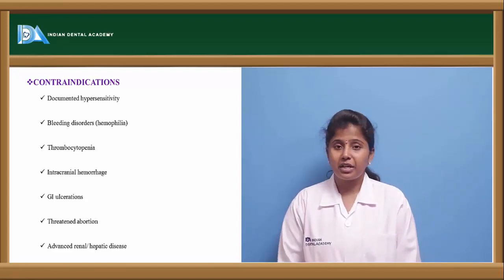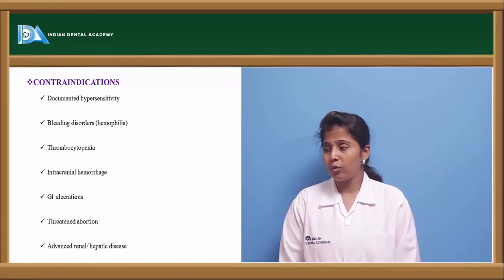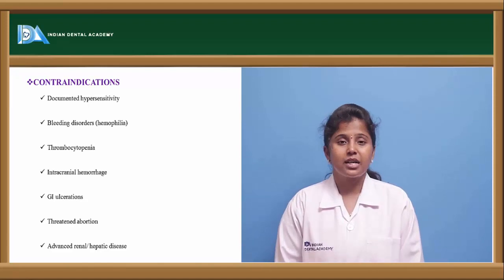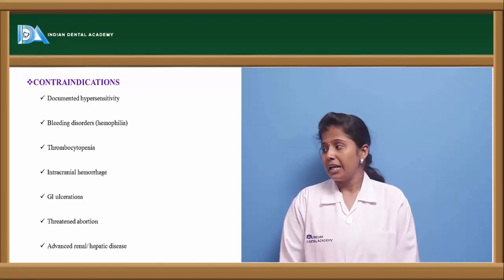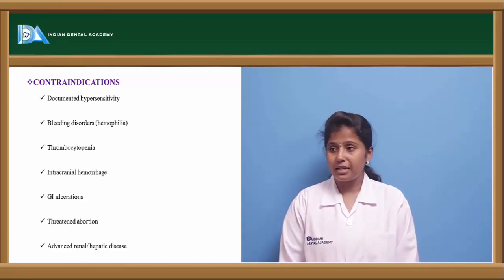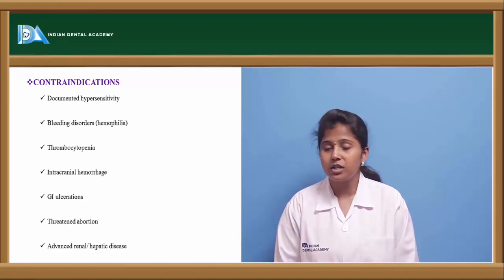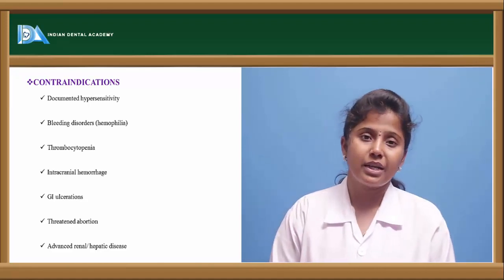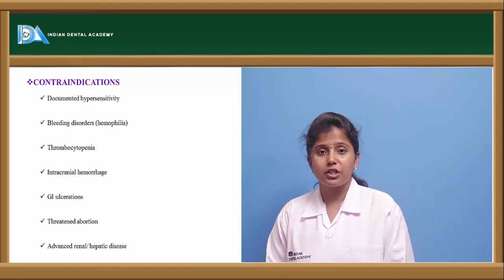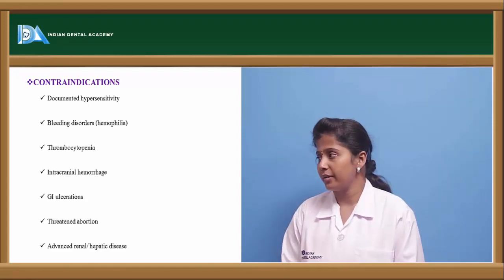Also in thrombocytopenia, intracranial hemorrhage, that is any hemorrhage in the cranial region, gastrointestinal ulcers, threatened abortion, and even in advanced renal or hepatic disease. In all these conditions, heparin should be contraindicated.